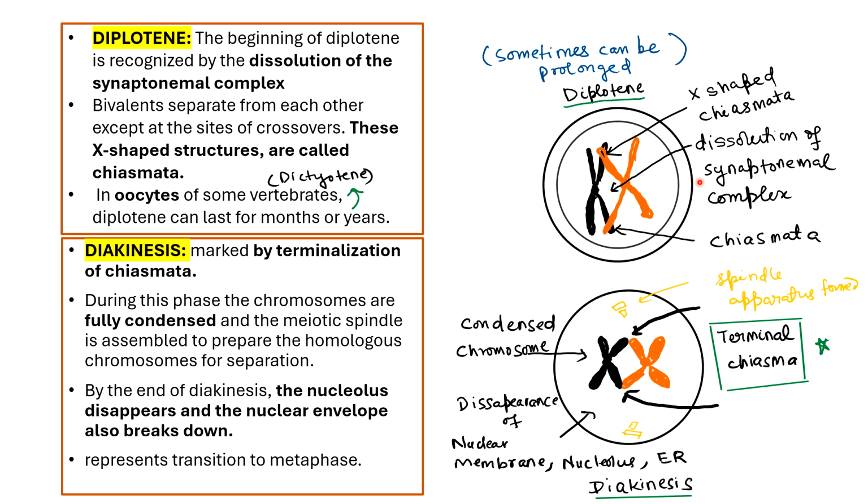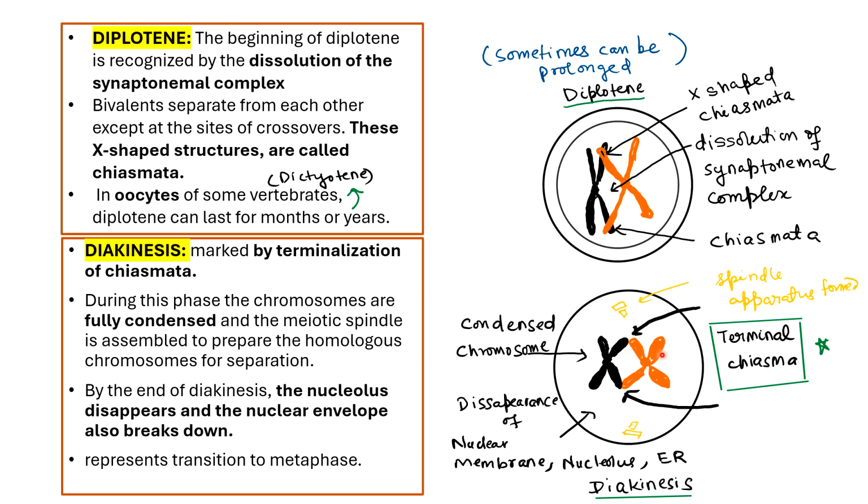You should note here that until the diplotene stage we still have the nuclear membrane. Next, let's see diakinesis. It is the final stage of prophase 1, and we know that by the end of prophase 1 there is dissolution of the nuclear membrane. Diakinesis is marked by the terminalization of chiasmata. Chiasmata was the site where the recombination or crossing over took place, and in this stage of diakinesis the chiasmata is almost dissolved.